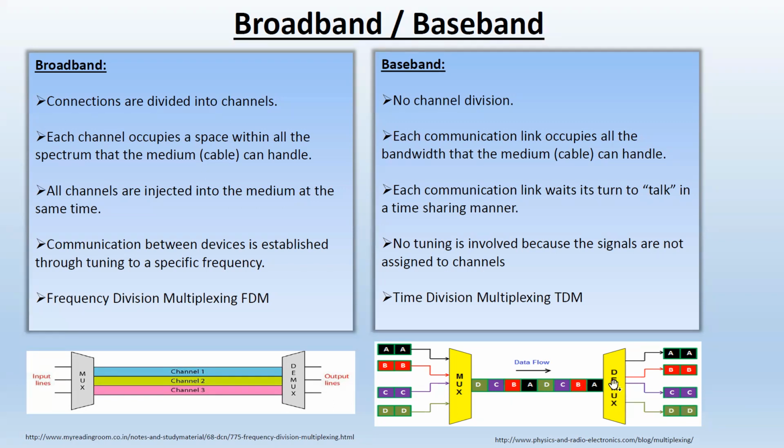And if there is another wheel that is synchronized in a timely manner with the other wheel, so if the contact touches the A on here, then the contact touches the A on the other wheel, so that channel is being transmitted at that time. And if it happens every second, you would have time sharing every 4 seconds. 1, 2, 3, 4. 1, 2, 3, 4. A would have a 1 second connection every 4 seconds.